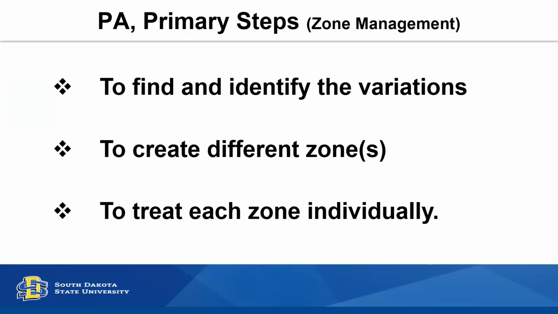So the primary steps are to identify the variations, second, to create different zones, and finally, third, to treat each zone individually. Yield, soil data, nutrients, pest infestation, weather forecast, and all other information can help us to perform zone management.